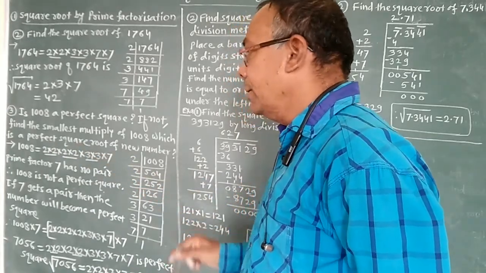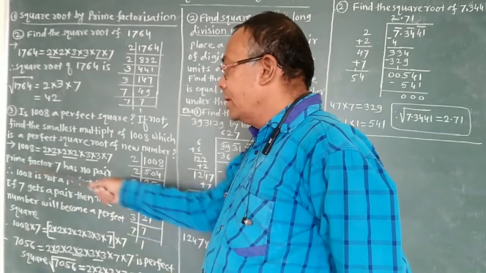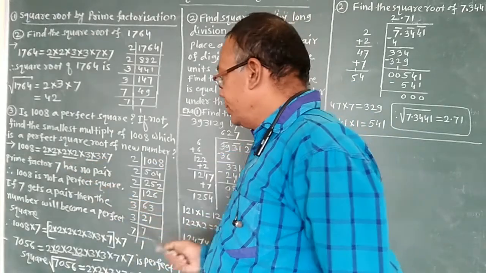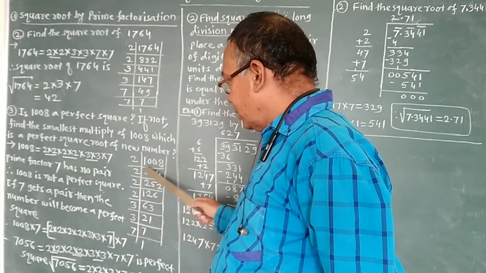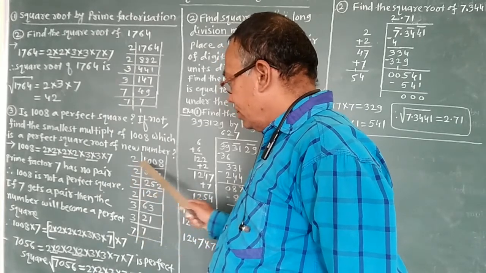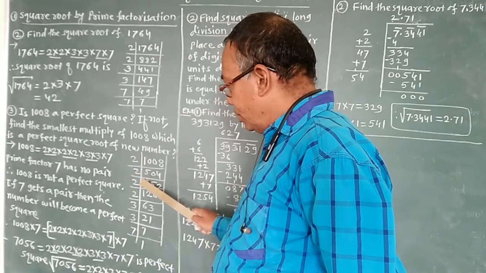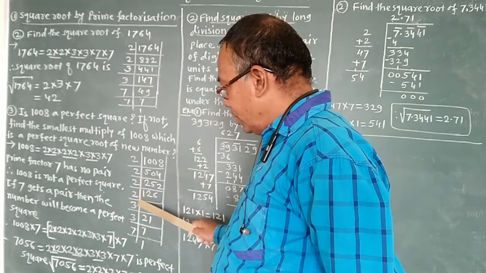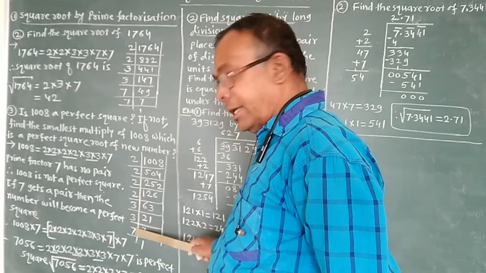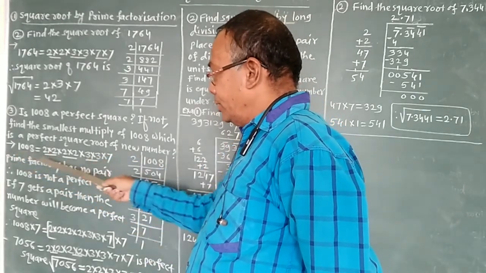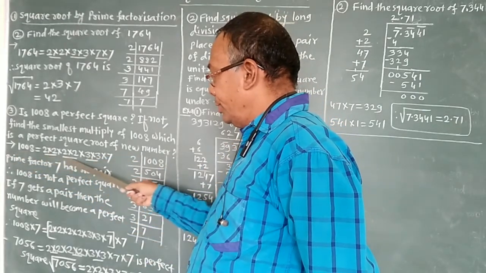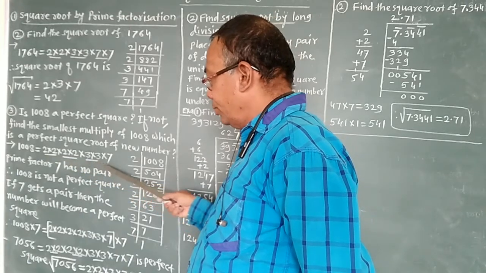Here first of all we have to factorize 1008. So here I have found the factors of 1008, which are 2, 2, 2, 2, 3, 3 and 7. Means 1008 is equal to 2 into 2 into 2 into 2 into 3 into 3 into 7.